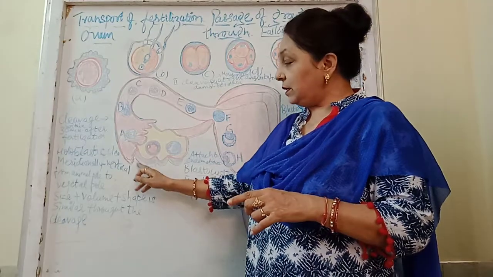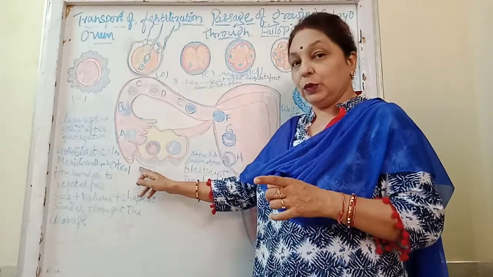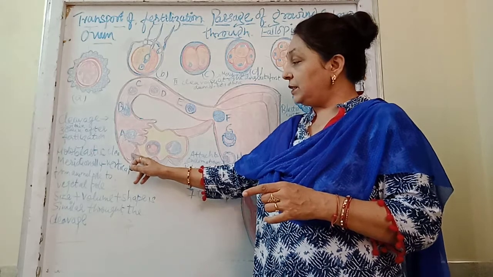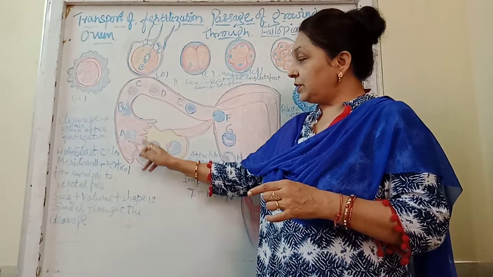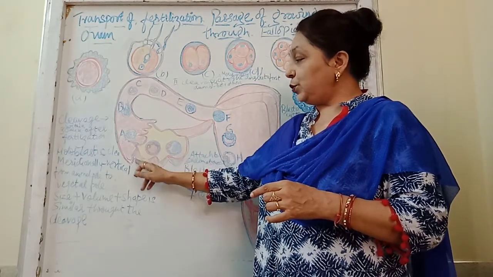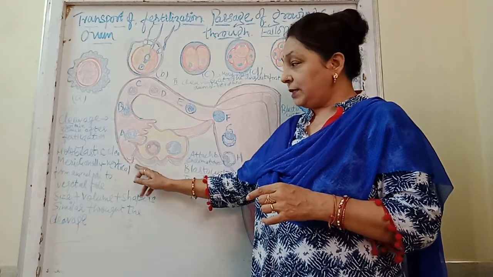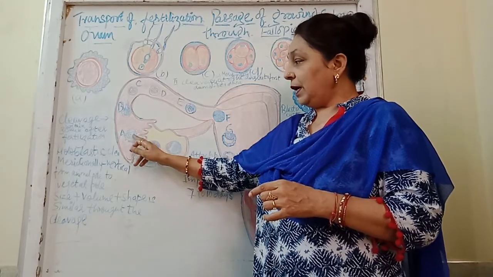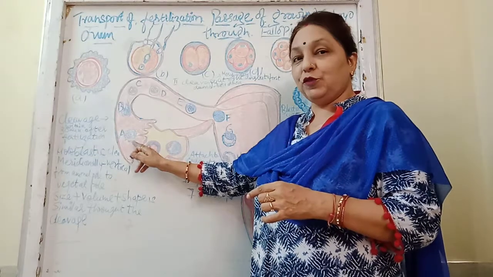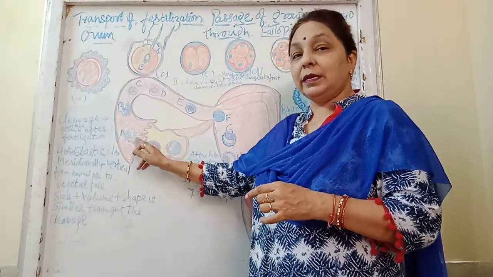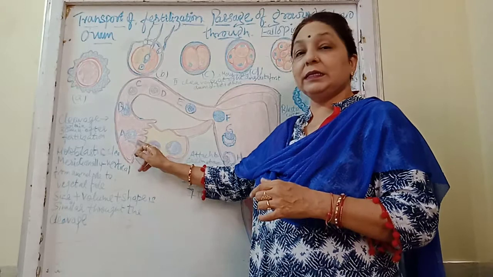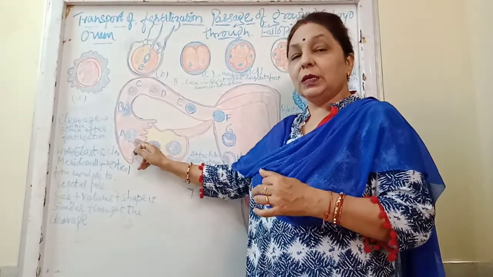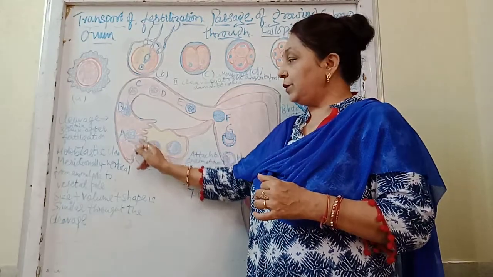The egg which is released outside the ovary is non-motile, and it is picked up by the fimbriae, which are part of the fallopian tube. By ciliary movement, the many cilia located in these finger-like projections called fimbriae take the ovum inside.